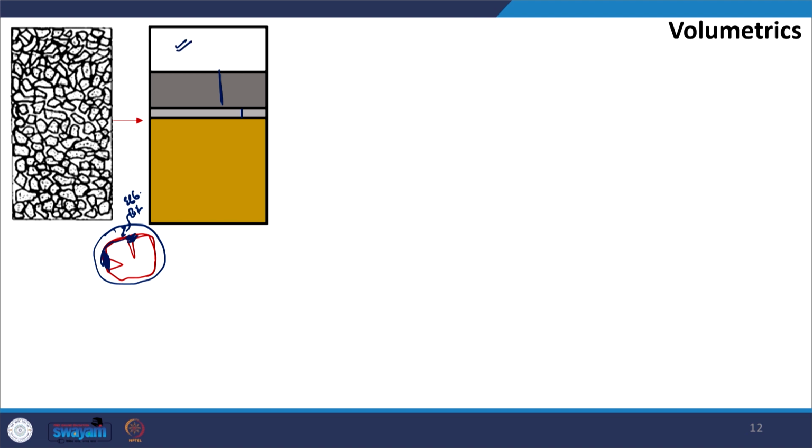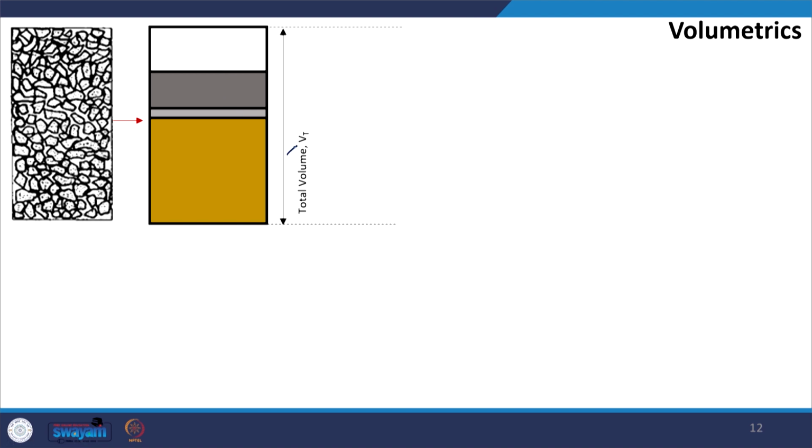If I want to represent this volume using different terminologies, then how will I do that? In our discussion we will say that Vt is the volume of the total mix, denoted as V suffix T. This is the bulk volume of the mixture. This is the bulk volume of the aggregates, and I am representing it as V suffix A comma bulk.